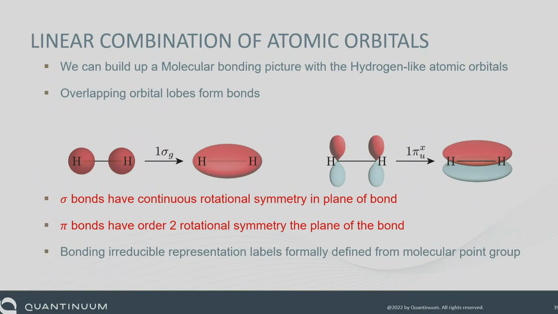So you get two sausages above and below the bonding axis, with a kind of 180-degree symmetry. If you're interested in group theory, these labels all come from point group symmetry, from the irreducible representations of the finite groups.